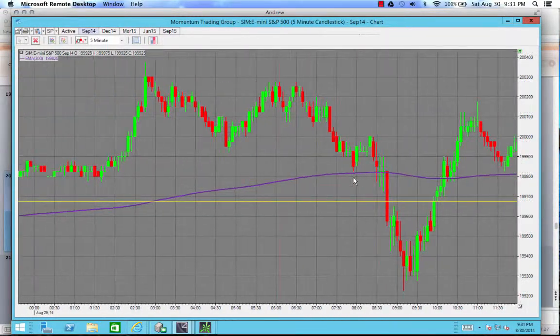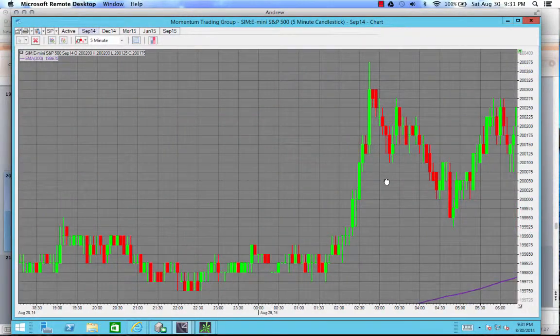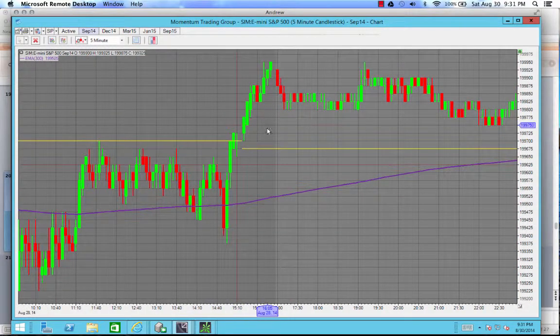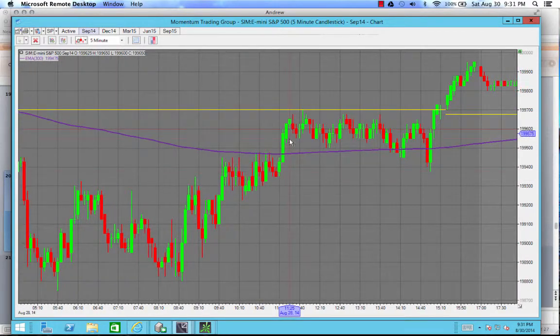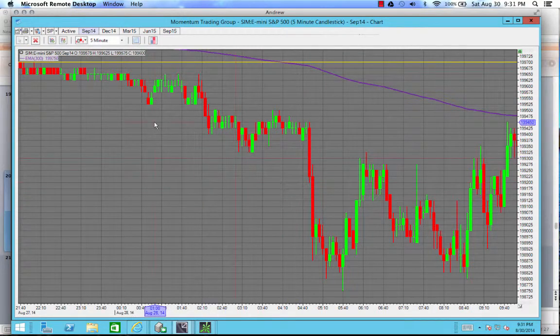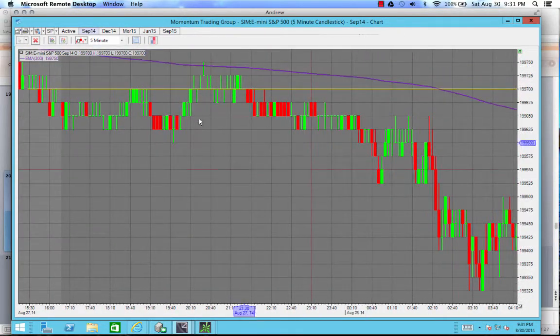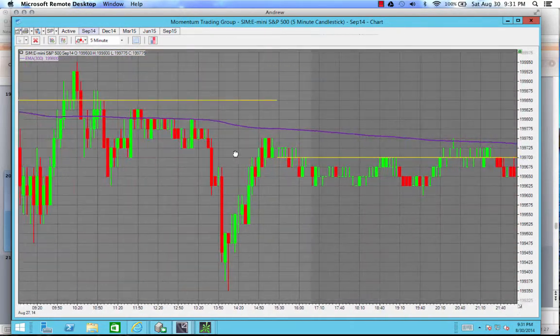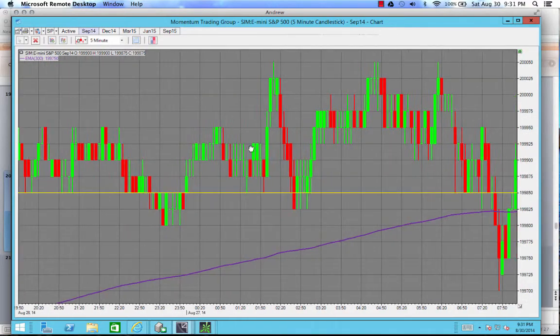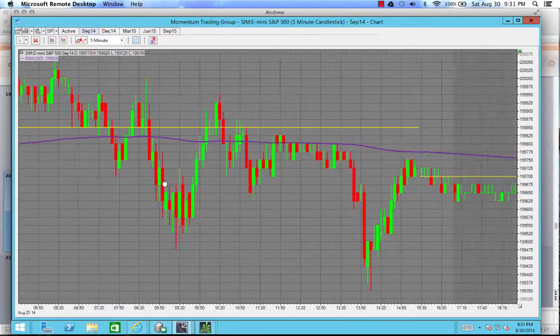If you scroll to the left, you'll see that a lot of times when price is above this particular moving average, or it breaks above that particular moving average, that price stays above that moving average for a while. It tends to be consistent. Same thing once it drops below it. So it can be a really nice gauge for you in just overall direction.